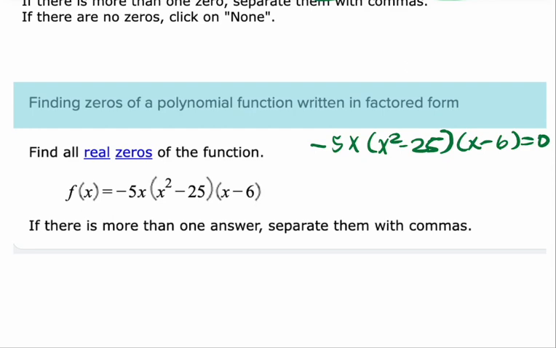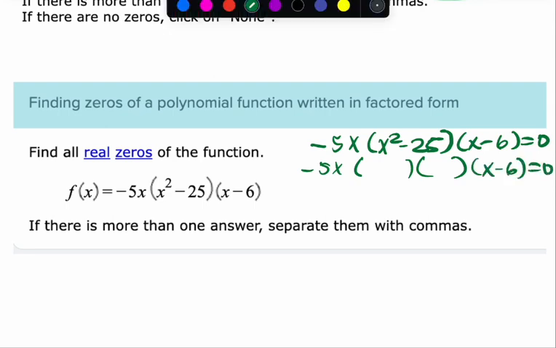Now, if you set that piece equal to 0 on its own, you would probably get to that when you take a square root, put a plus or minus in front. But you could also break it apart ahead of time. The more it's factored, the better it is for you. And so we would get x plus 5 and x minus 5 in any order.